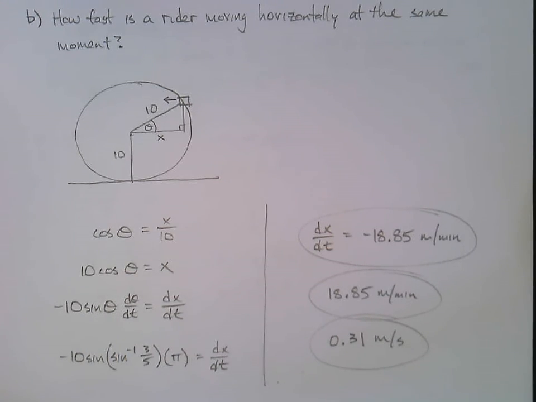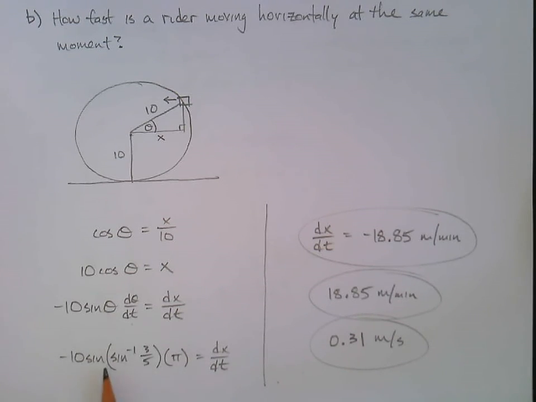This is at the same moment as part A. So I can still put in that same theta that I had before, arcsine of 3/5. And I can put in the same d theta over dt as before. Actually, it wouldn't matter at what moment we're doing, because that's just the speed of the angle always. But okay, those will be the same. And now it's equal to dx over dt.